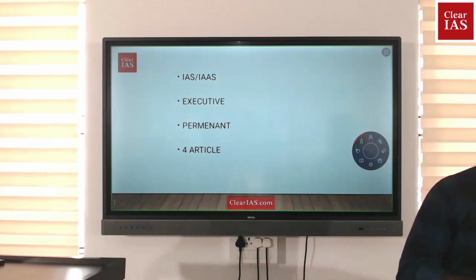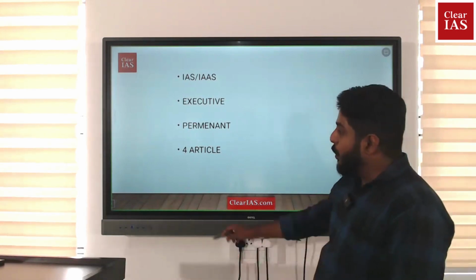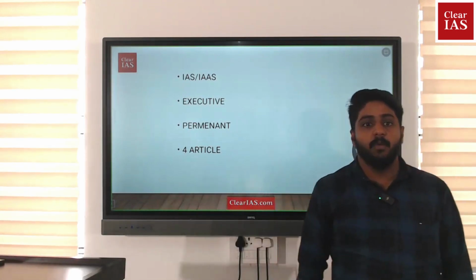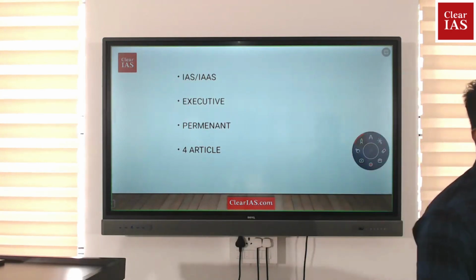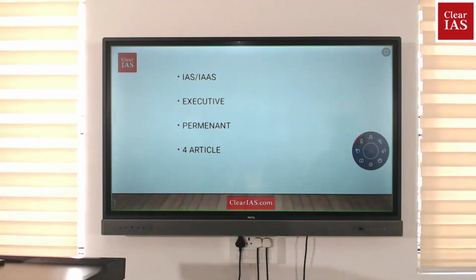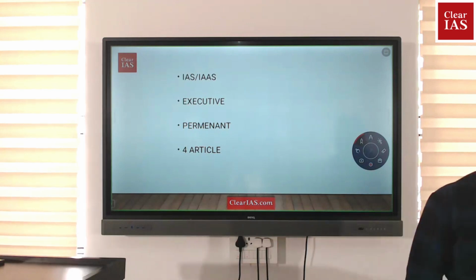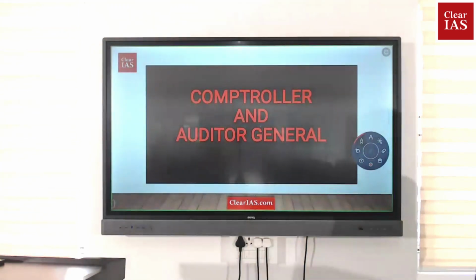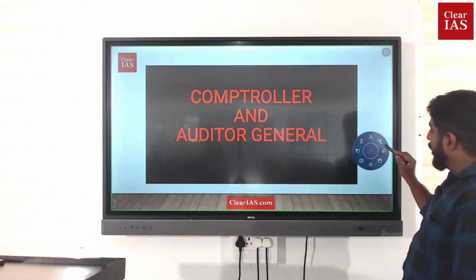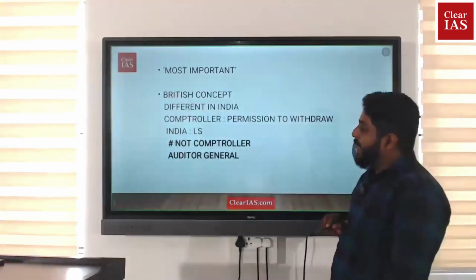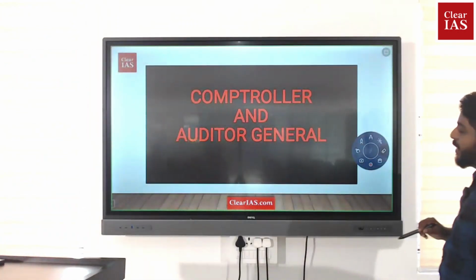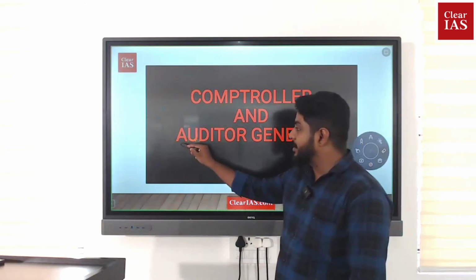And still in the Constitution of India, you have 4 articles, which means almost 1% of the Indian Constitution is dedicated to this particular office, that is the Comptroller and Auditor General of India. So the Comptroller and Auditor General of India, in fact, is mentioned under Part 5 of the Indian Constitution.